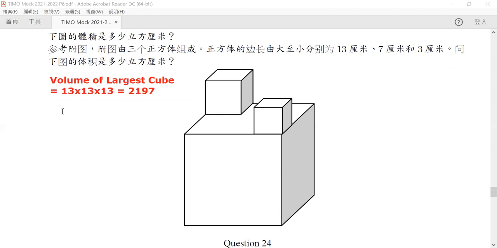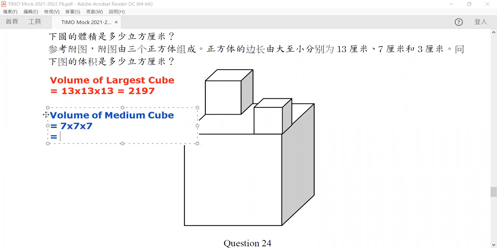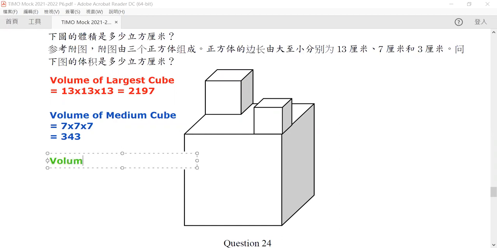The volume of the medium cube is exactly equal to 7 times 7 times 7, so our answer will be 343. And finally, the volume of the smallest cube is exactly equal to 3 times 3 times 3, which is 27.